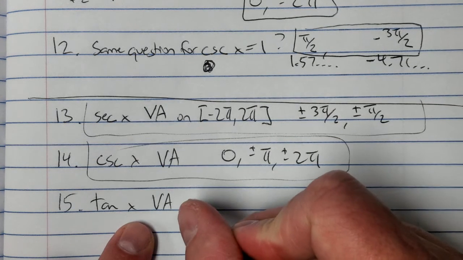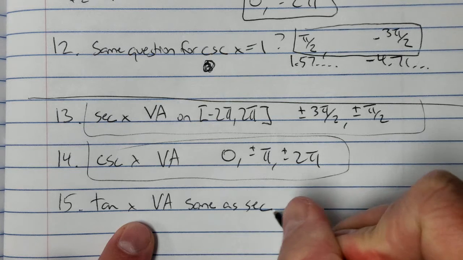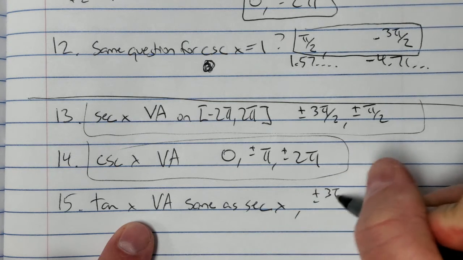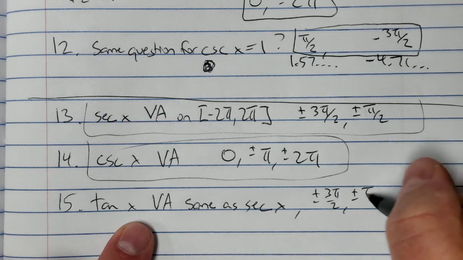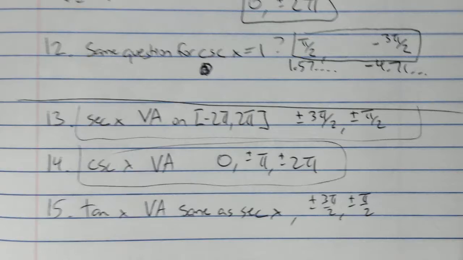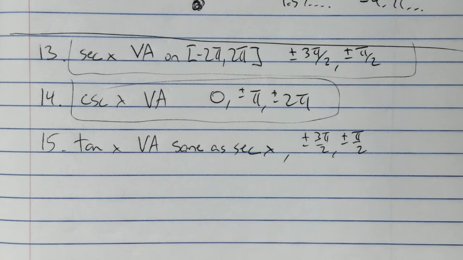So basically, I'm going to start by saying it's the same as secant x, and then it's plus and minus 3 pi halves and plus and minus pi halves. Same as the secant. Tangent is same as the secant. Okay.